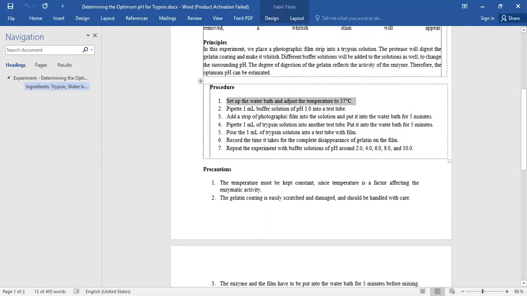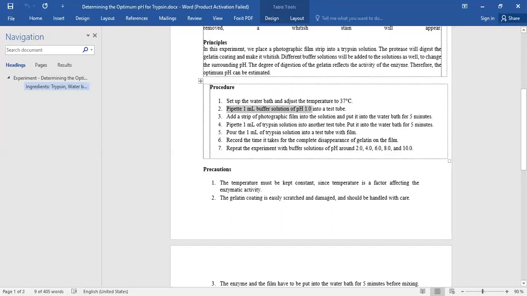Now we come to our experiment. First, we take a test tube and add 1 ml of buffer solution of pH 1. We add a photographic film into the solution and put it in the water bath for 5 minutes.